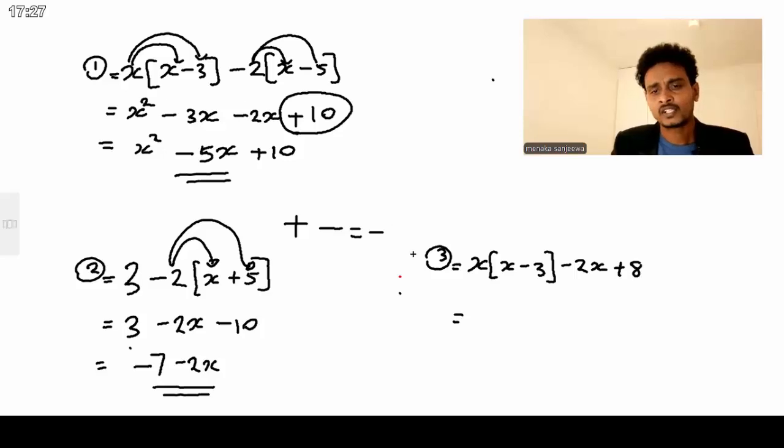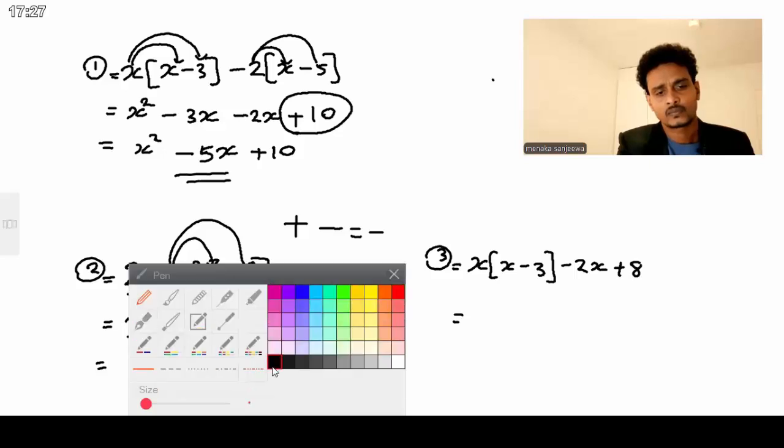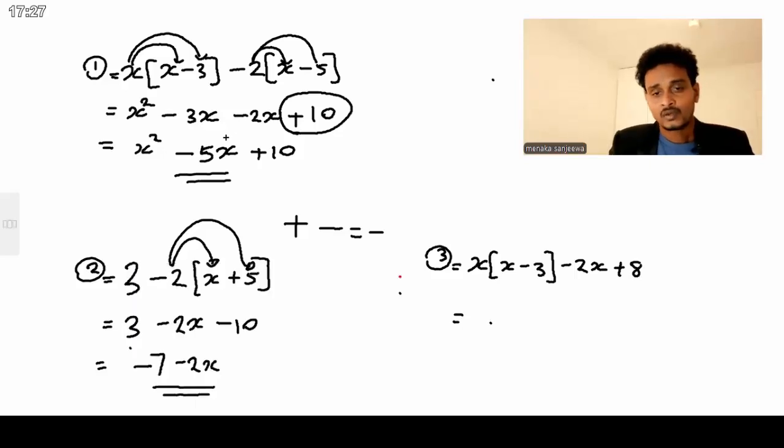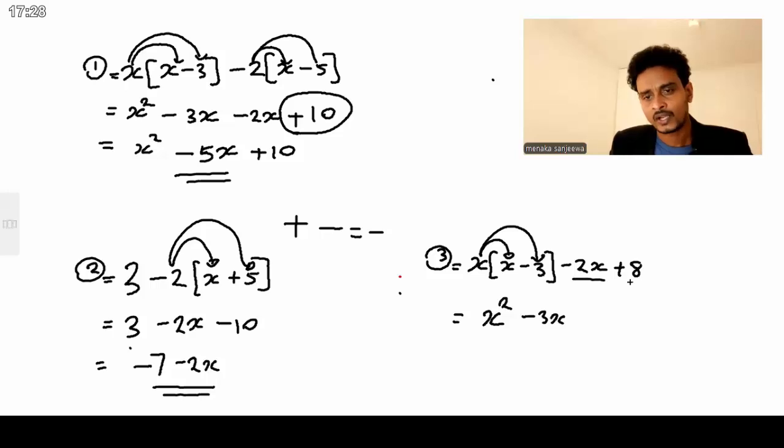Okay, now this bracket you have to multiply by what? Multiply by x. Okay, good. Now x times x is x to the power 2. What is x times minus 3? Minus 3x. These two you cannot simplify, just write it as it is. Minus 2x plus 8. Now you can simplify if there are like terms.